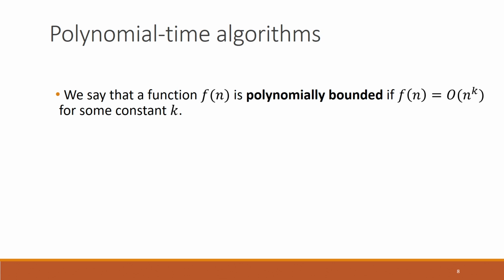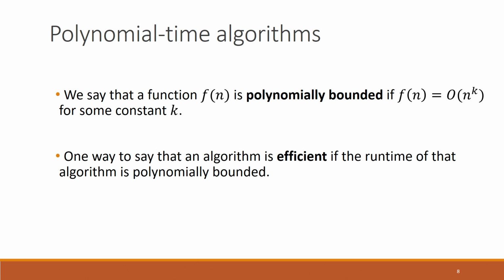So, we say that a function f(n) is polynomially bounded if f(n) is equal to capital O(n^k) for some constant k. Okay. So, k can take any value here. If k is equal to 2, then also it is fine. If k is equal to 100, then also it is fine. So, one way to say that an algorithm is efficient is if the running time of that algorithm is polynomially bounded.